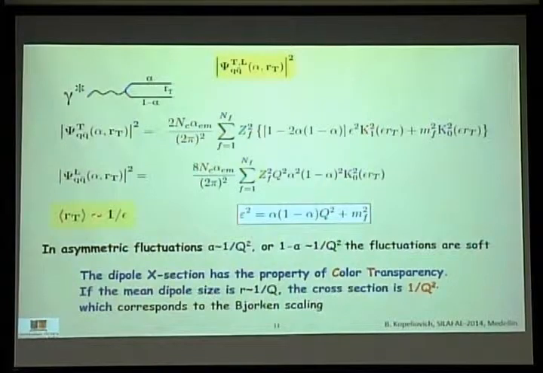The mean size is 1 over epsilon, and in epsilon you do have Q squared. However, if you consider a very asymmetric fluctuation, when almost the whole momentum is carried by the quark or anti-quark, which means alpha is very small, or 1 minus alpha is very small, this smallness will compensate Q squared, and then the size becomes hadronic, a big size.